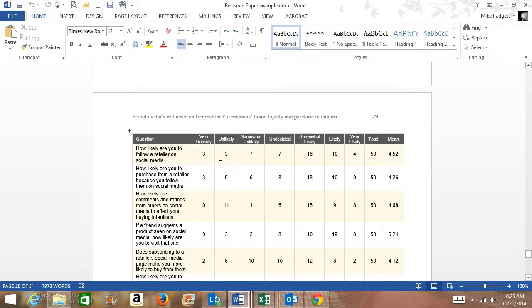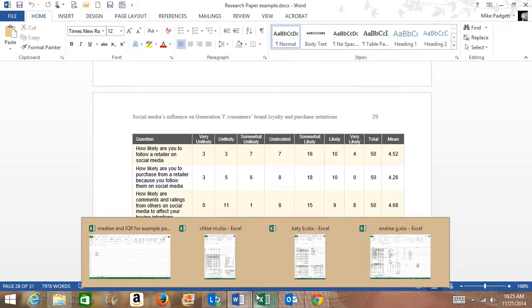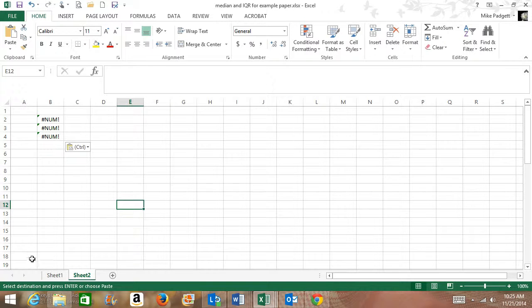So what we're going to say is we have 3 1s, 3 2s, 7 3s, 7 4s, 16 5s, 10 6s, and then 4 7s. Then we go over to our Excel spreadsheet and put in our numbers here.